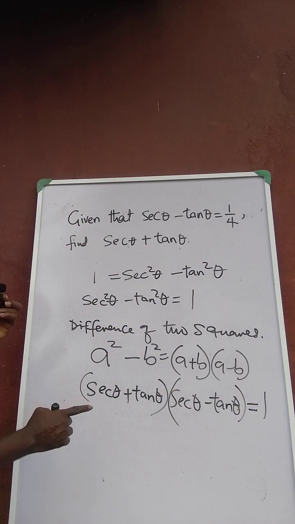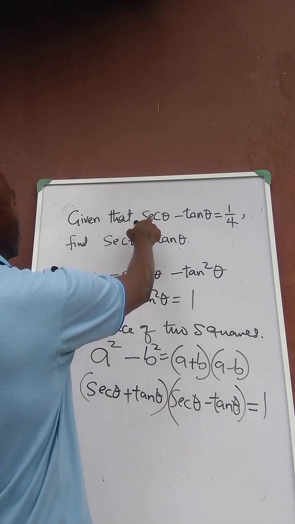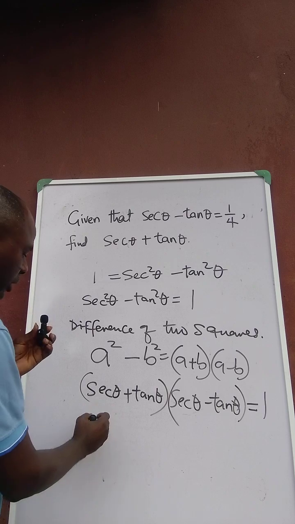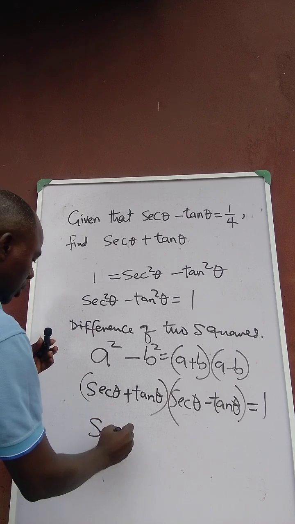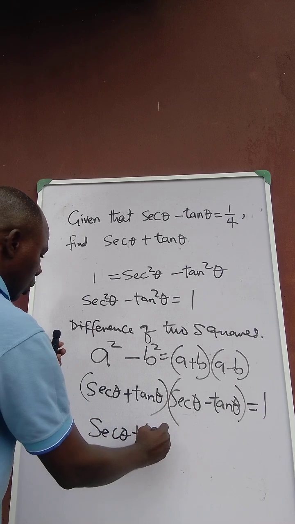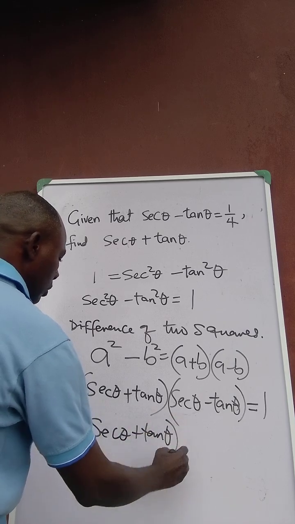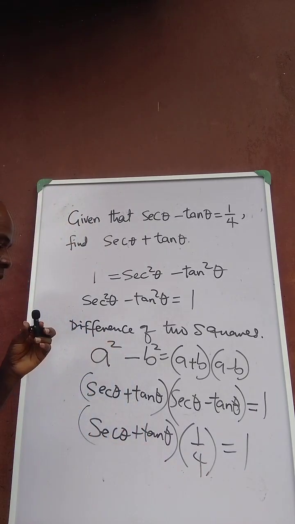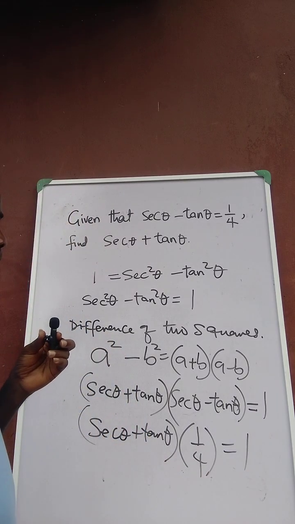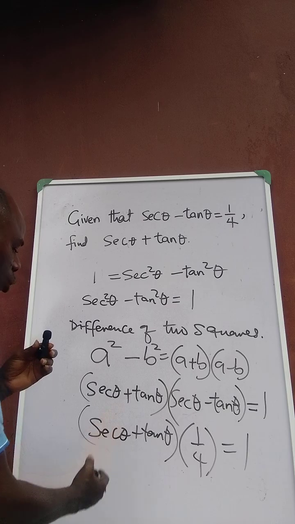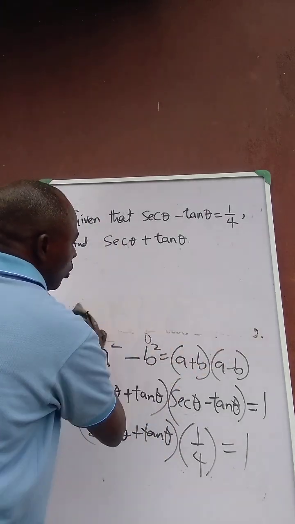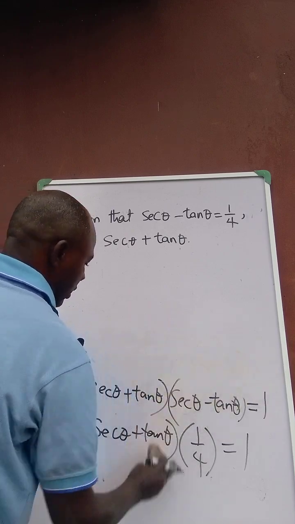Now from the question, we are told that sec theta minus tan theta is 1 over 4. Therefore, we are going to substitute that into this equation. So sec theta plus tan theta times 1 over 4 is equal to 1. Now we are gradually getting to the answer.